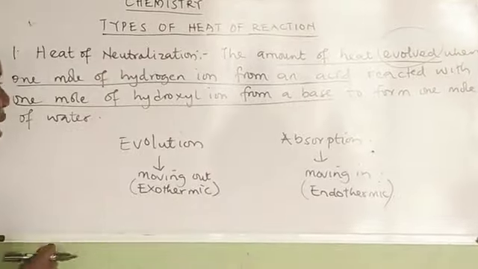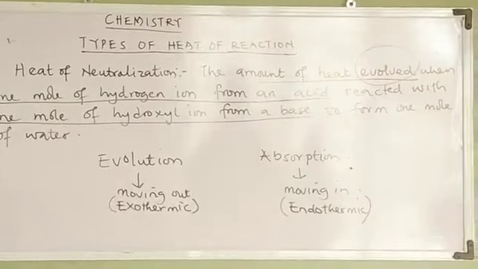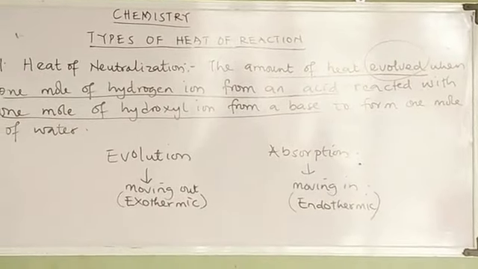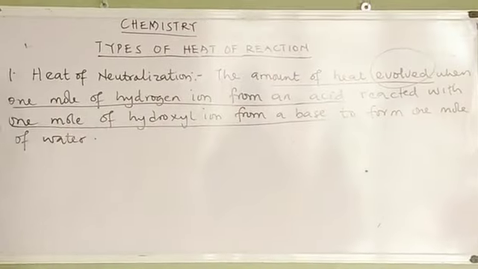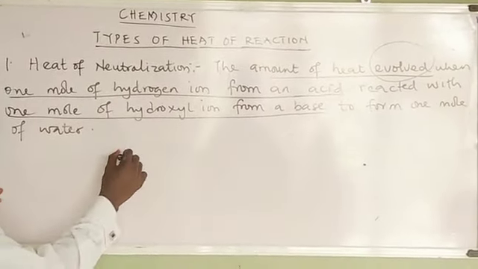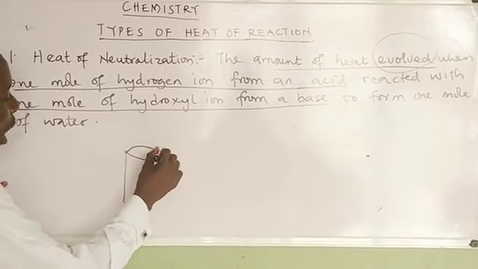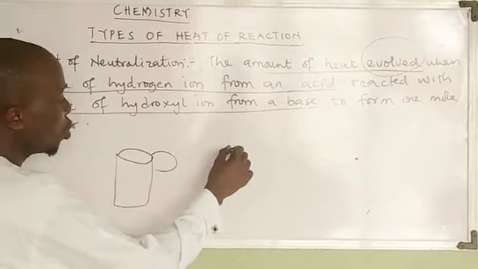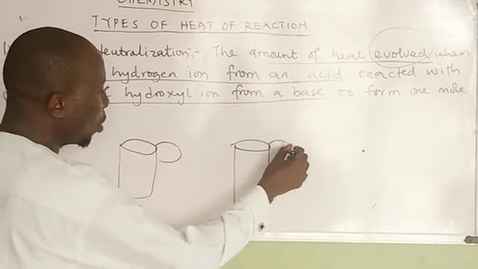Now let me quickly digress a little bit. What brings about exothermic and endothermic processes? Let's say very early in the morning, before you leave your house, you have 2 cups of the same color.